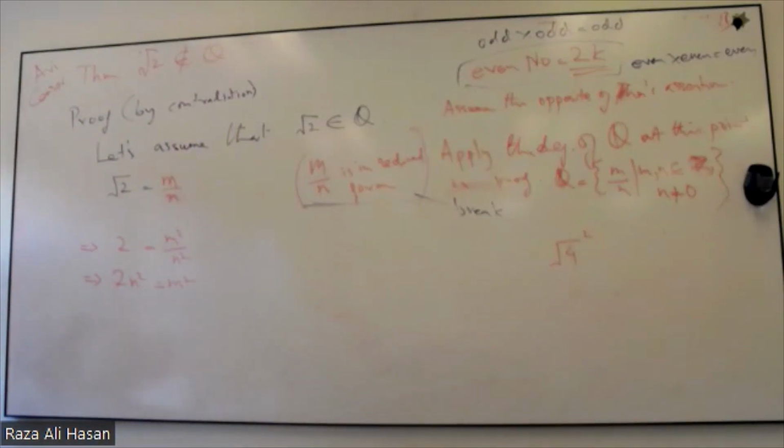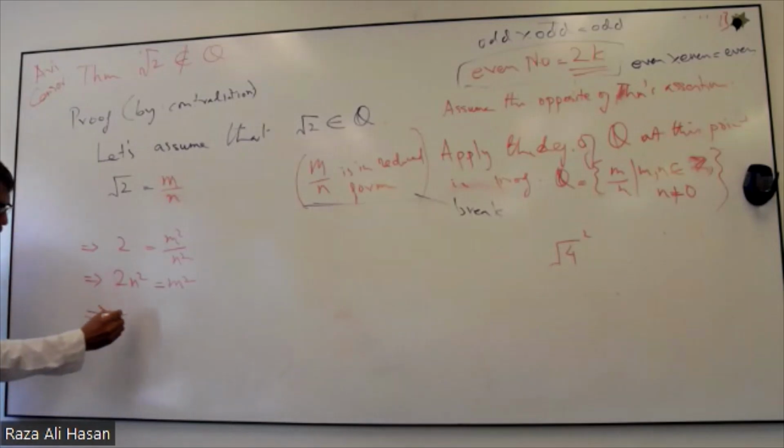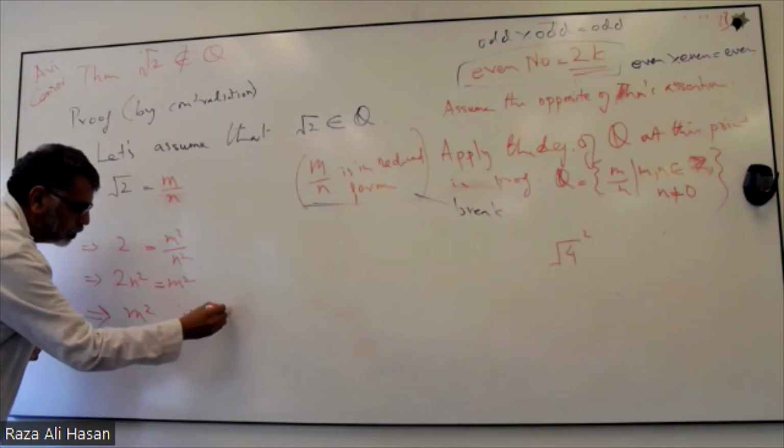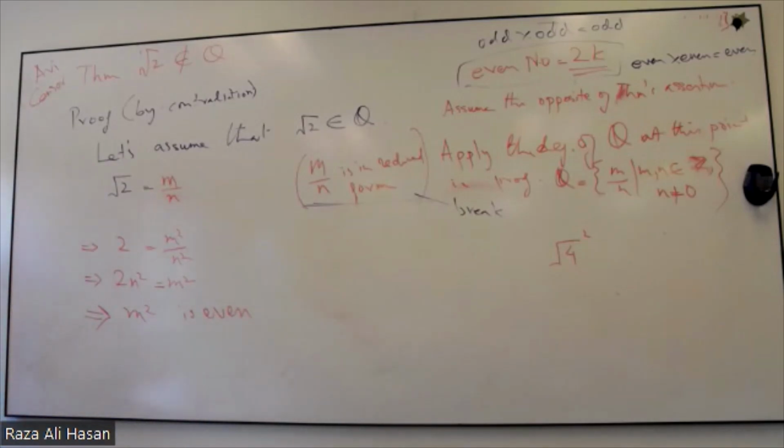So our next step is we're going to say that M squared is even. Okay, so why can I say that?